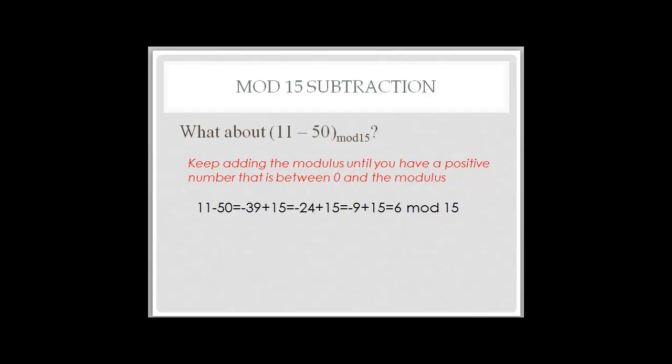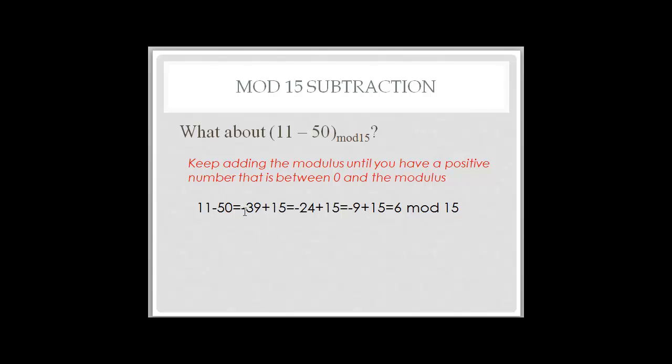All right, one more subtraction, but let's switch it up a little bit. What about 11 minus 50, or you could say 11 plus minus 50, it's the same thing, but what is that in mod 15? Well, it's the same process, except our mod now is 15. So we're going to take 11, subtract 50, that puts us in the negative, so we add another cycle, and in this case, our cycle is 15.